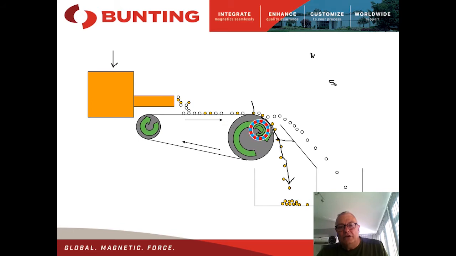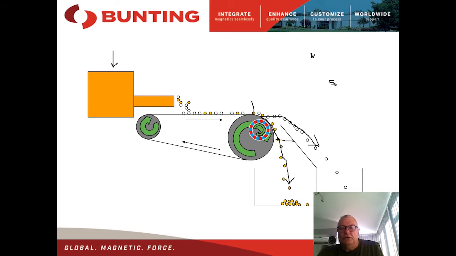So as our material falls into this area here, our conductors are influenced by the changing magnetic field. That imparts a force onto the conductive particle and throws it physically from the roll surface in that direction by a combination of Lenz's law and Faraday's law.